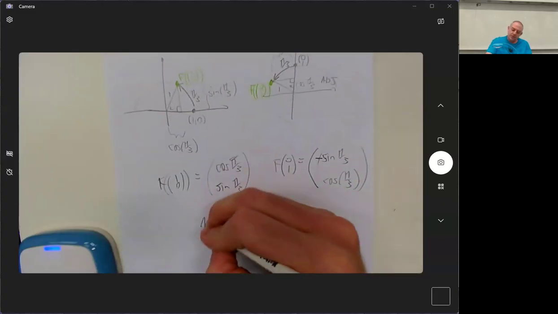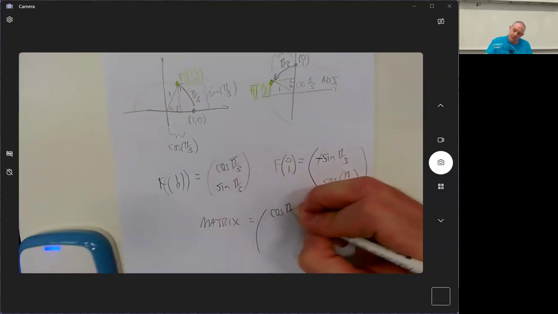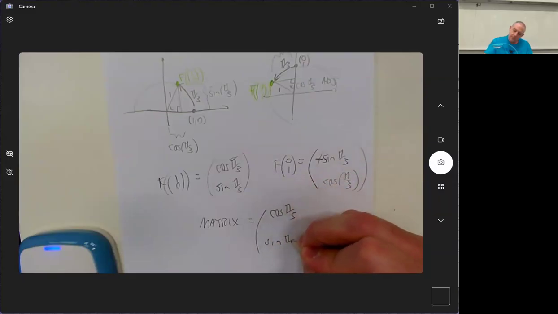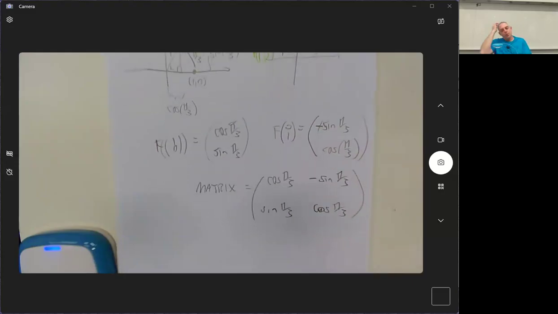So therefore the matrix is this. And if I could remember what cos and sine of pi on 3 were, I could put it in.